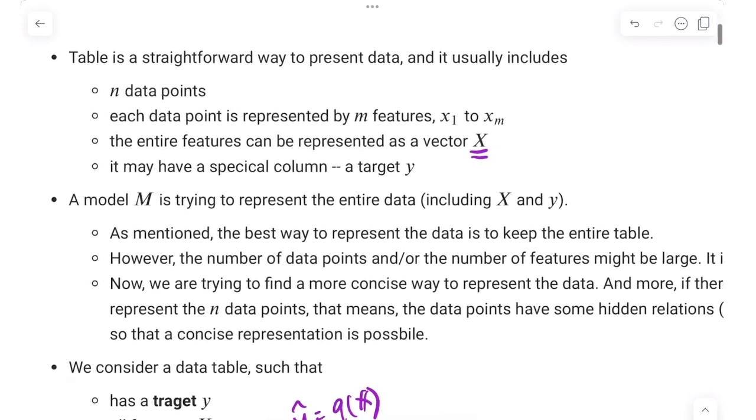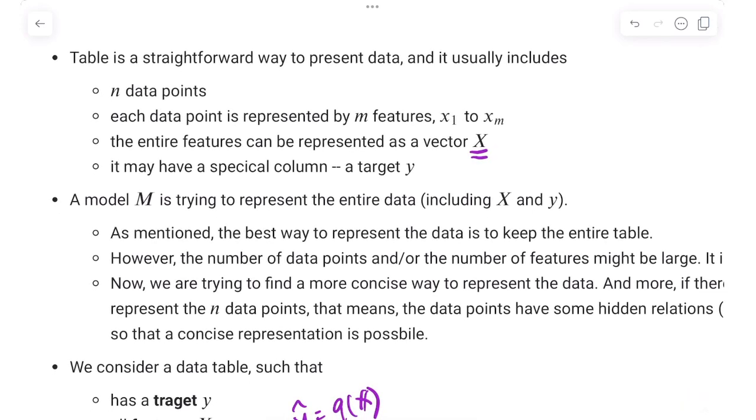We will go over some definitions here, so follow me. A table is a very straightforward way to present data. It has n data points. Each data point is represented by m features, from x1 to xm, and we use a big X to represent the collection of features.